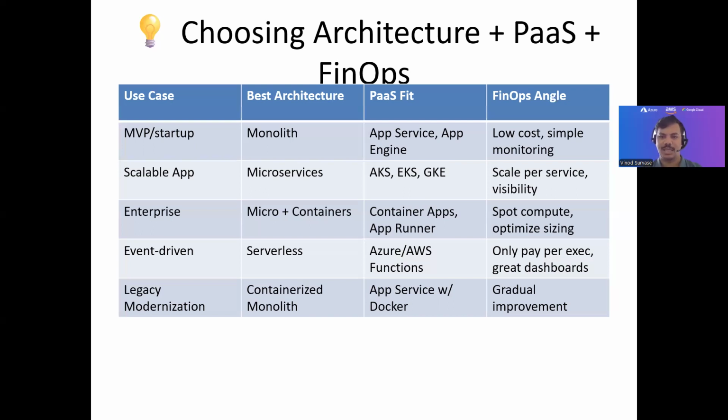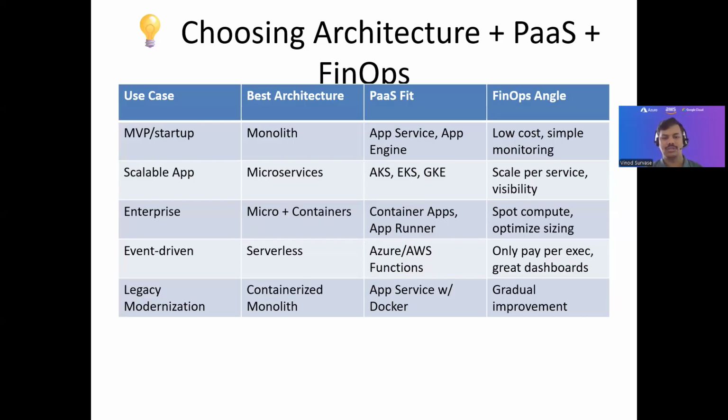So FinOps fit for monolith is App Service, App Engine, low cost, simple monitoring. Scalable application needs microservices. The PaaS fit should be AKS, EKS, or GKE, scale per service, and then with visibility. Enterprise level, micro plus containers, then container apps, App Runner, spot compute, and optimized sizing.